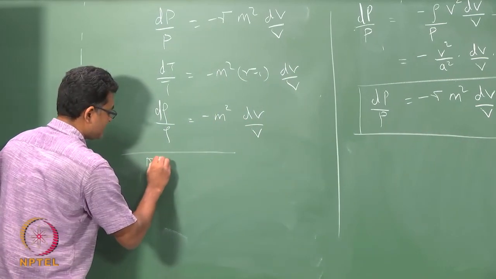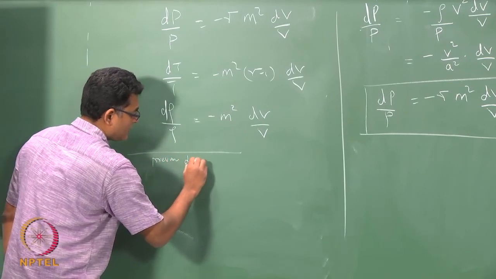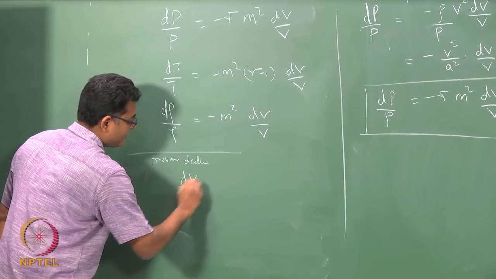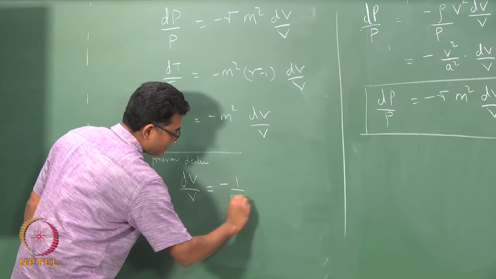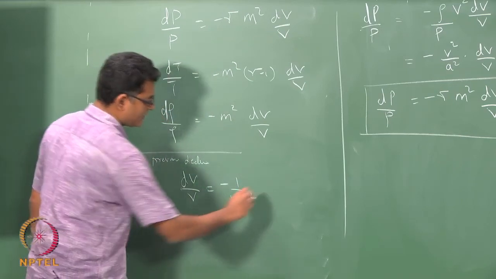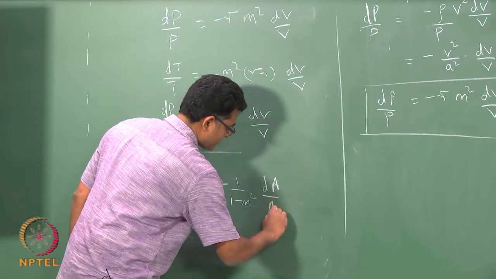From the previous lecture, dV by V is minus 1 by (1 minus M squared) into dA by A.